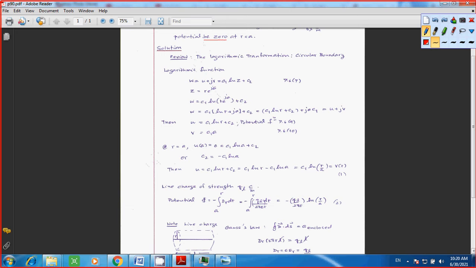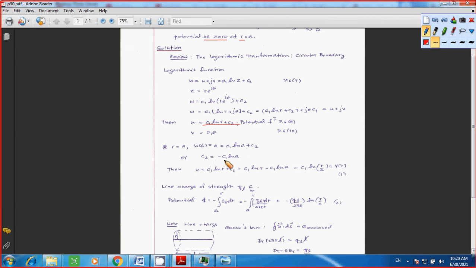Now, they give you the boundary condition that the potential will be 0 at R equal to A. This is your potential. At R equal to A, U equals 0. So you represent R by A, and that gives 0.